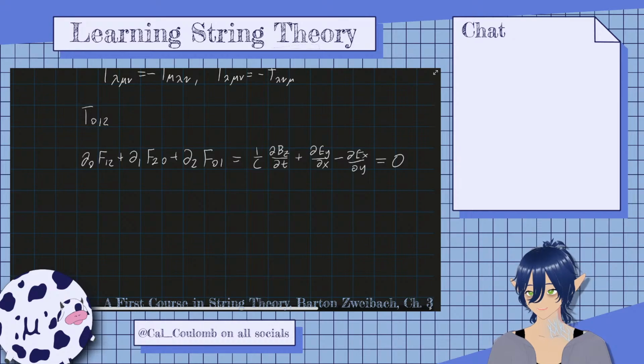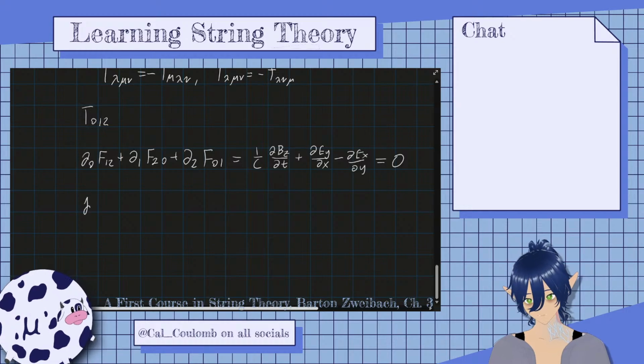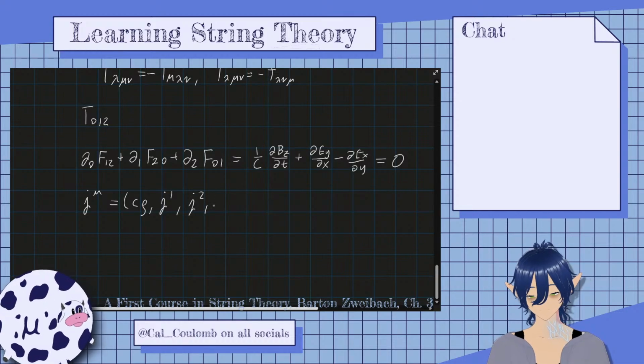How can we describe Maxwell equations 3.3 and 3.4 in our present framework? Since these equations have sources, we must introduce a current 4-vector. That is J^μ, which is equal to (cρ, j1, j2, j3).